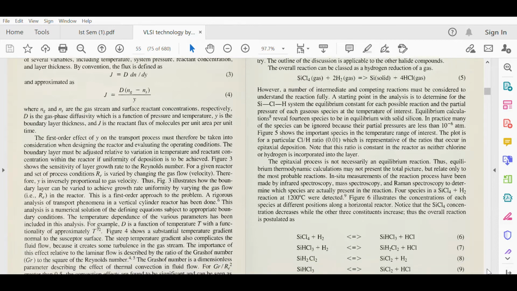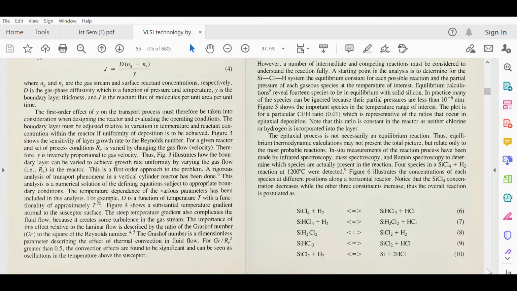The epitaxial process is not necessarily an equilibrium reaction. Thus, equilibrium thermodynamic calculations may not present the total picture, but relate only to the most probable reactions. So it may be equilibrium, it may not be equilibrium. So in situ measurements of the reaction process have been made by infrared spectroscopy, mass spectroscopy and Raman spectroscopy to determine which species are actually present in the reaction.